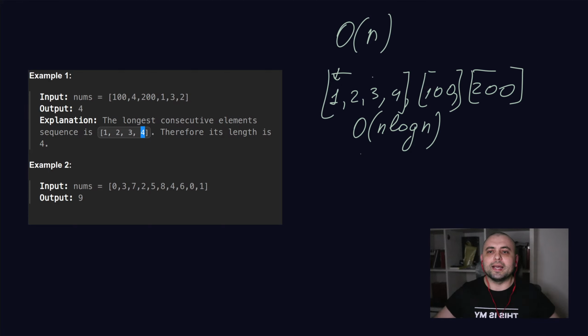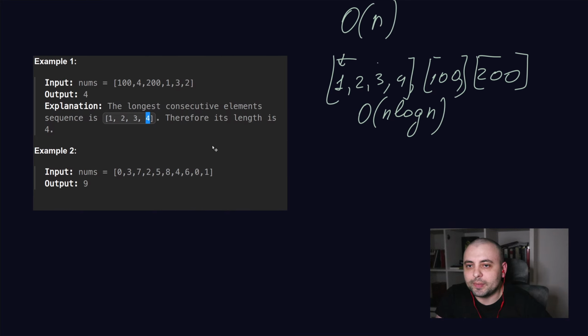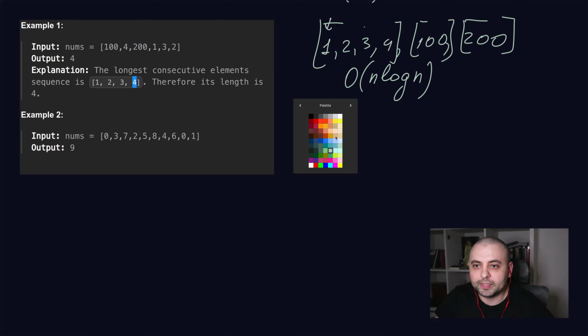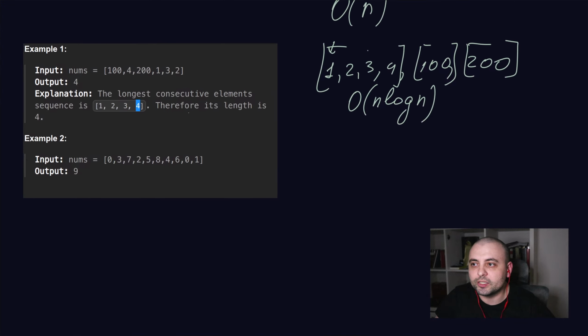So how can we manage to solve it in big O of n? Yeah, for this we'll need to know the trick. The trick is, in order to find the sequence, and I'm not sure that's the best way to describe it, we'll need to find what would be the starts of the sequences. So let's imagine 100.